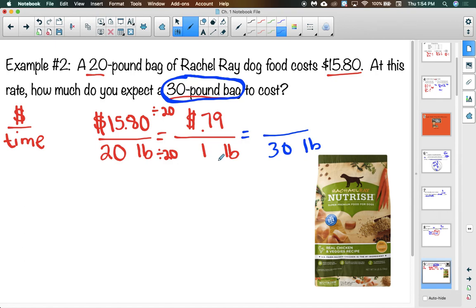We just take our denominator and multiply by 30. And we do the same thing to the numerator as well, because we want to always keep our ratios and our rates equivalent. Now we just need to go ahead and do our multiplication. 79 cents times 30 is $23.70.